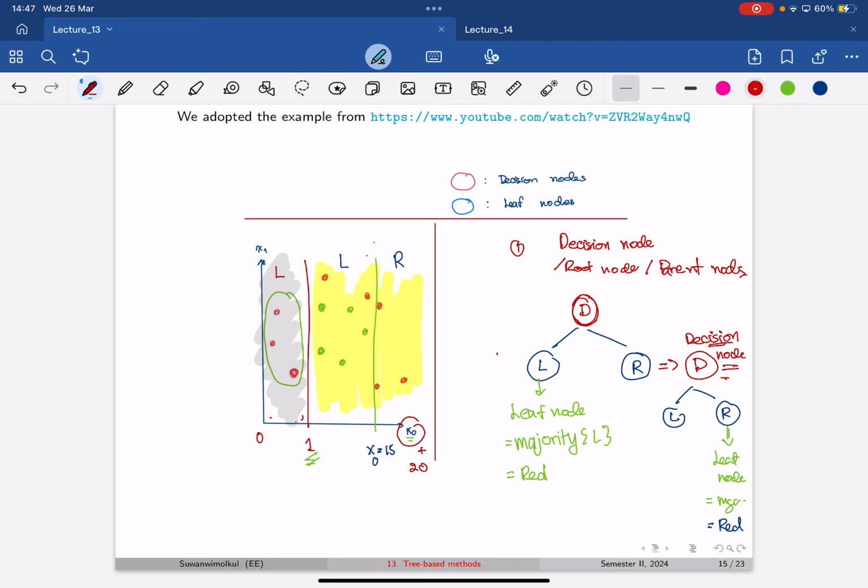But now, your left node has become a new decision node. So again, you know it's a decision node, then you start to do the same thing again: you find a place where you want to split your data so that one area has the pure nodes and the other area maybe has some mixed nodes. Again, your left and your right.